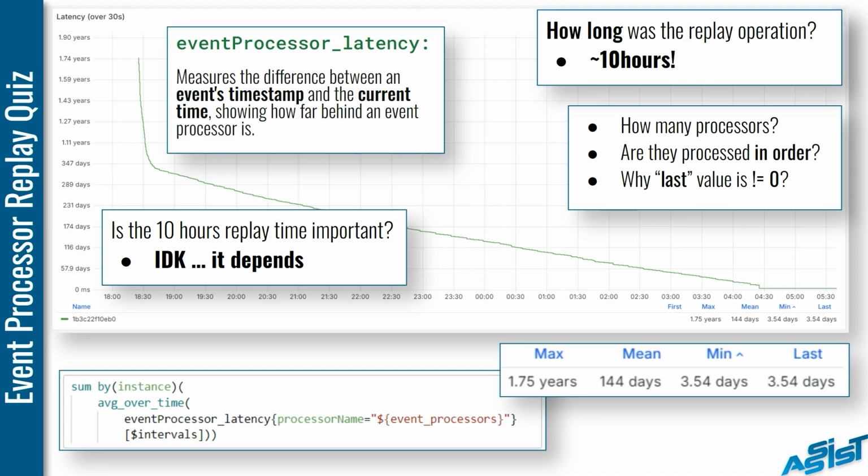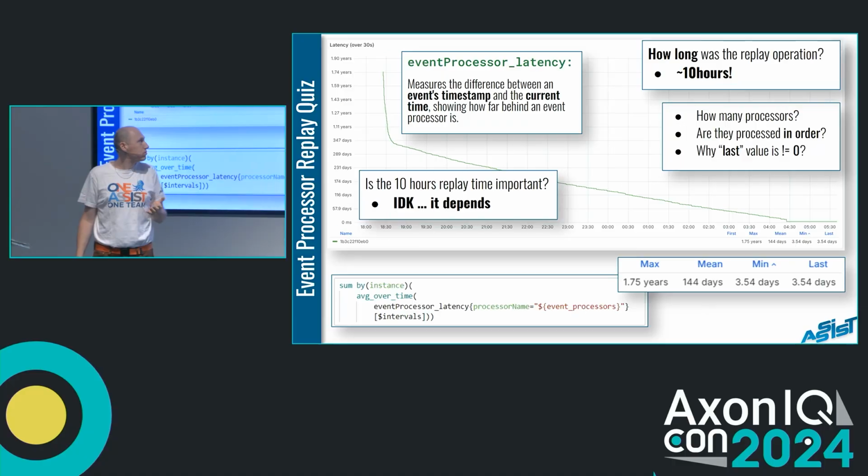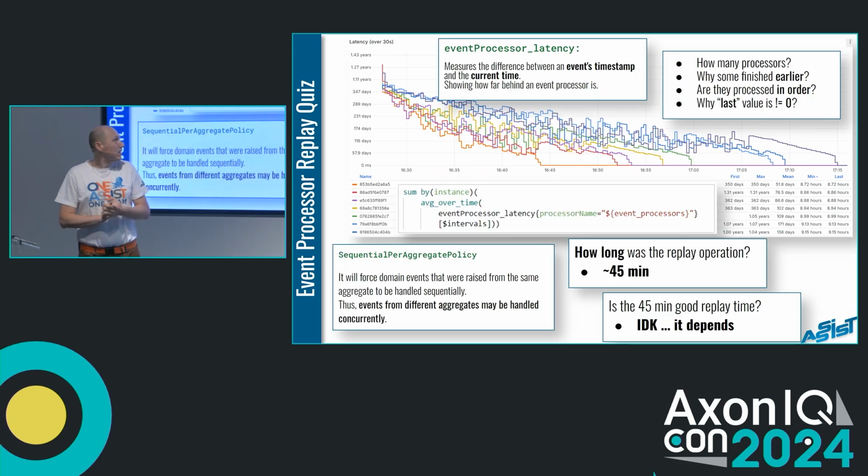Yeah, I will ask you some questions then, but the replay took 10 hours, which didn't make Jaroslav happy because he planned some deployment. So is 10 hours good or not? I don't know. If you plan in advance and you replay in advance, it's good. If you don't, okay.